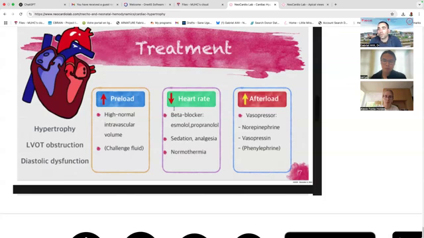So typically we'll start with esmolol to rate control, and you want to bring them back to values like 120 to 140, instead of having the 180 of heart rate, just so you can spend more time filling. And obviously, if you have more filling, then Frank-Starling curve tells you you get more contraction, and so you're going to have more output for these patients because you have better preload of the LV itself.